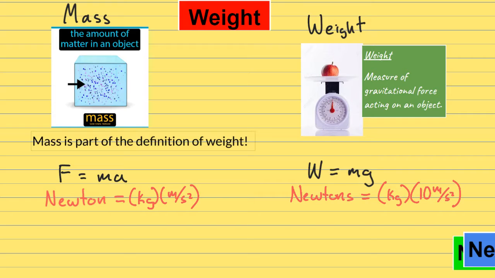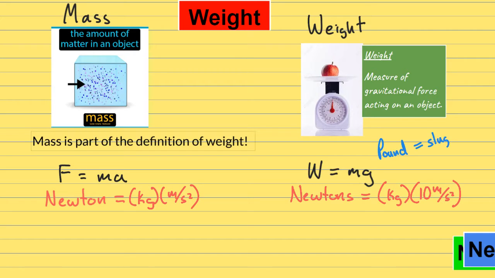So we're used to thinking about mass and weight being the same thing because we don't see much difference here on Earth, since the acceleration of gravity is pretty constant. And in our everyday life, when we step on a scale, we are actually looking at force. The unit that we use, the pound, is part of the British imperial system, and that is equal to something called a slug.